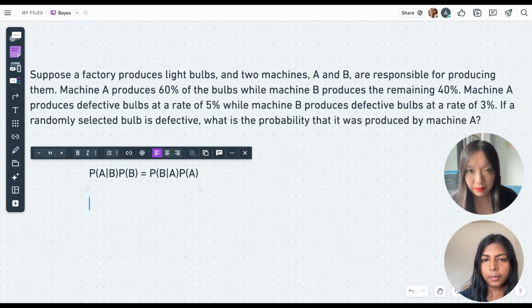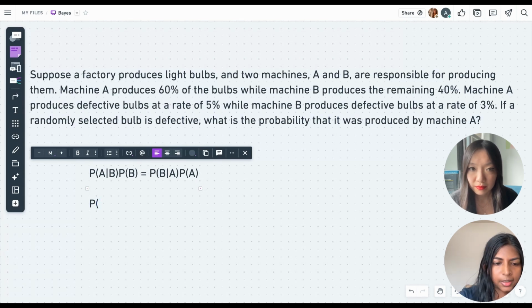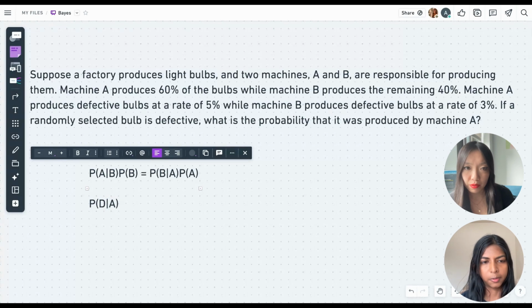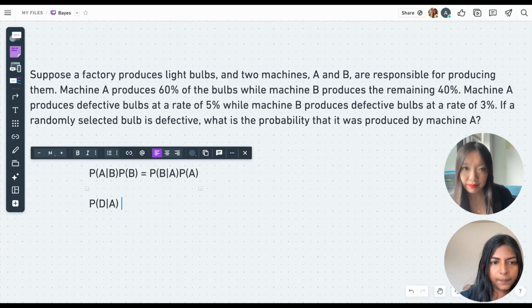So ultimately, the probability that we need to estimate is, given a bulb is defective, what is the probability that it was produced by machine A? So essentially what we need to find is P(D|A), where D is the event of being defective, and A is the event that it was produced by machine A. Okay.